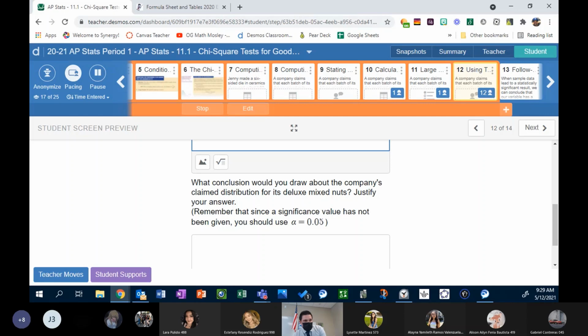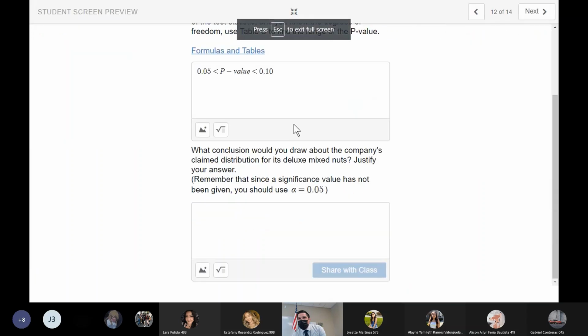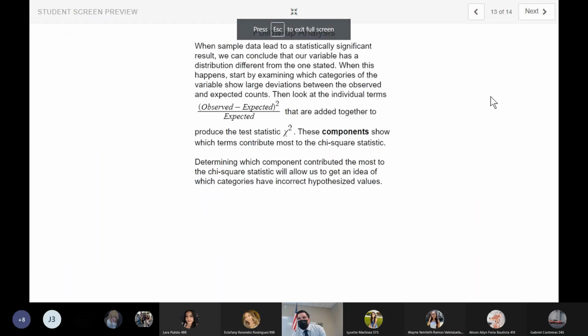All right, we're going to go to our last little thing here, which was the part that was missing from yesterday's lesson about our follow-up analysis. This is the blurb on follow-up analysis. When sample data lead to a statistically significant result, which we did not have in our nut example, we can conclude that our variable has a distribution different from the one stated.